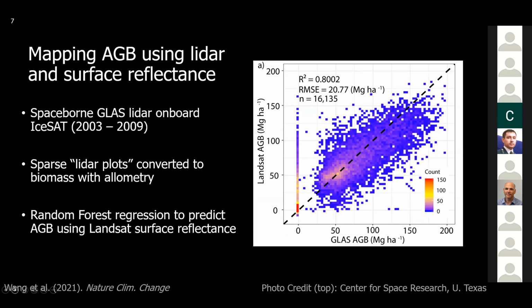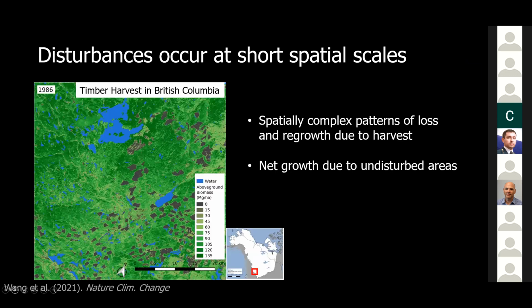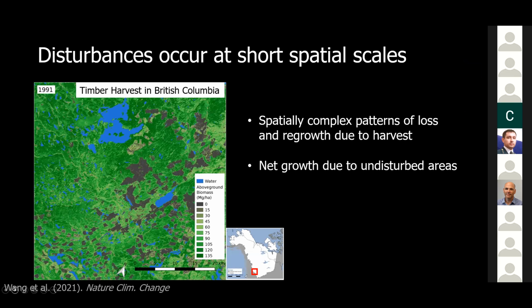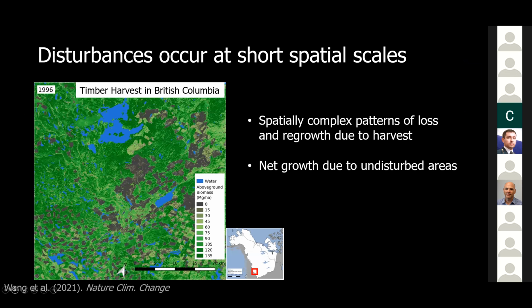So we feel pretty good about our ability to map at least what GLAS thinks the biomass looks like using Landsat inputs. And so what we're finding is disturbances such as harvest in this example are occurring at short spatial scales, maybe on the order of hundreds of meters.